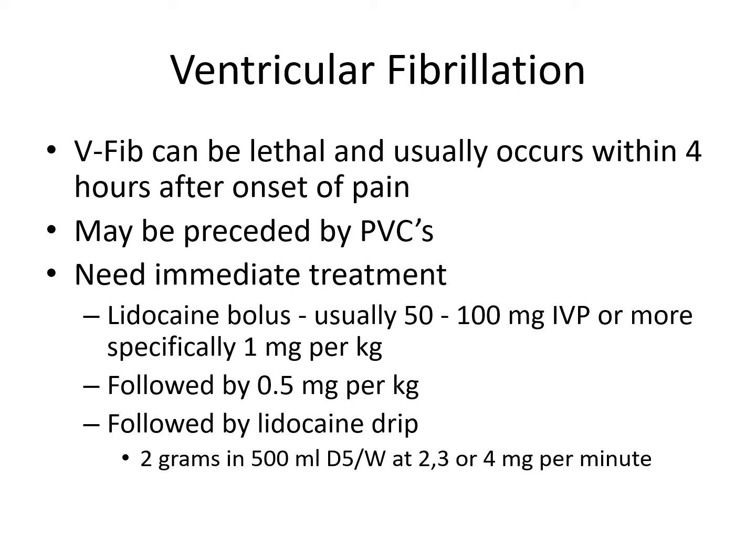But even so, frequently ventricular fibrillation is going to be preceded by what we call premature ventricular contractions. And these premature ventricular contractions, or PVCs, are an indication that the heart is ischemic and irritable.